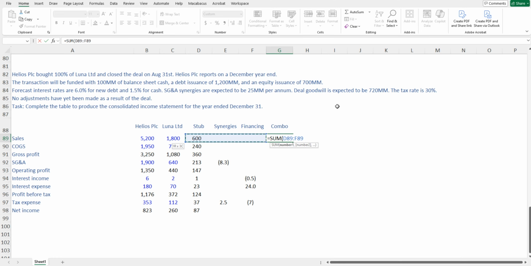So you only include the synergy, financing, and stub period, and Helios, right? Because Luna's figures are annual, right? And you need a proportion of that.